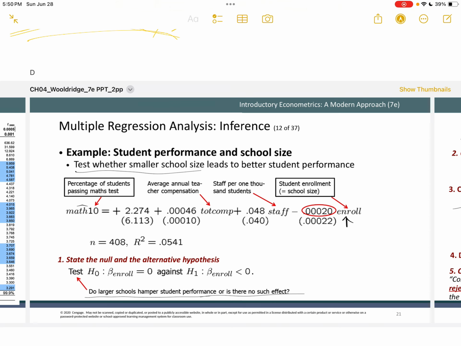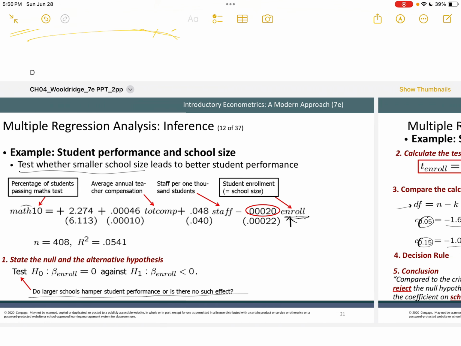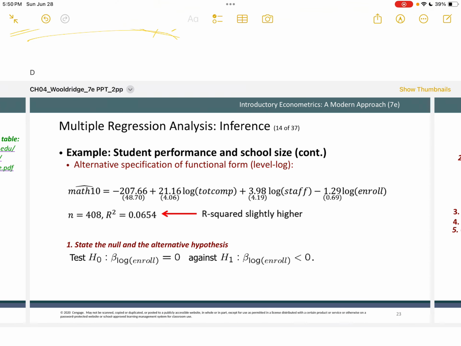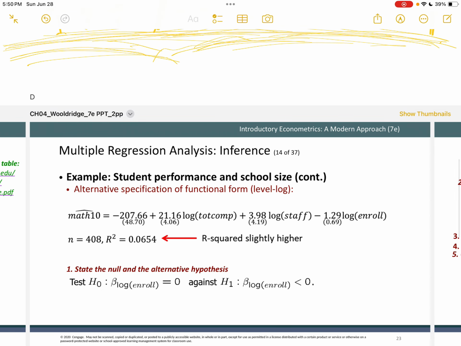Prior to this example we just went through, like going back to that first example on the left tail, you can see that we have enrollment here without the log. What if we log the enrollment? How does that change things?